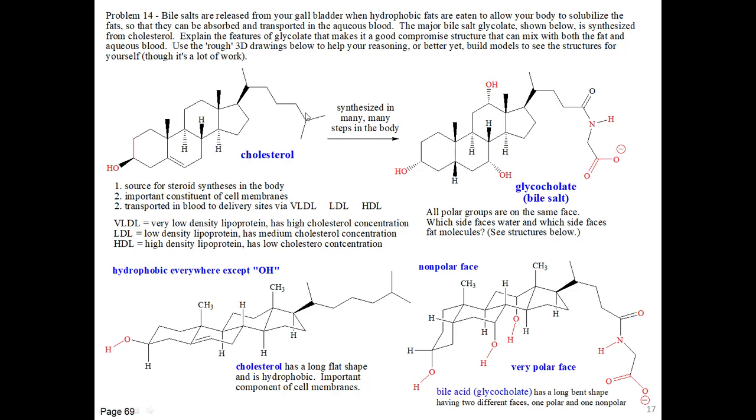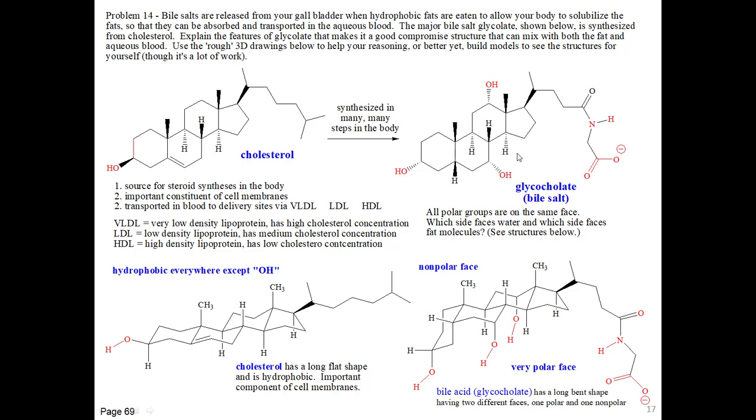Took this chain and took it from hydrophobic, added on this polarity, put an O minus here and an NH, like a hydrogen bond. Okay, this would be a glycine amino acid. And so if you look at the bottom part of this molecule, it's very, very polar. But if you look at the top part of this molecule, it's very, very nonpolar.